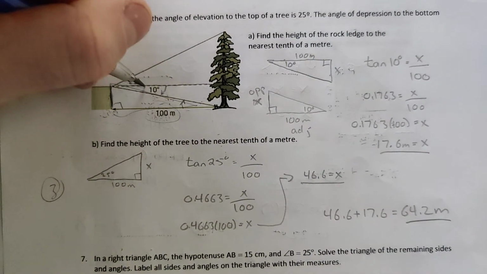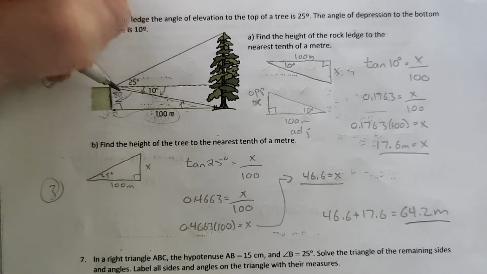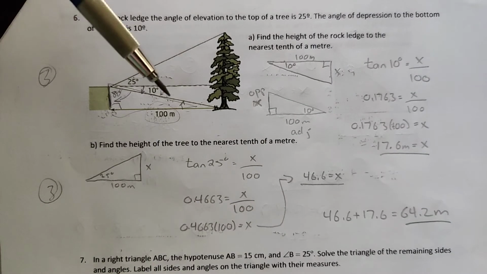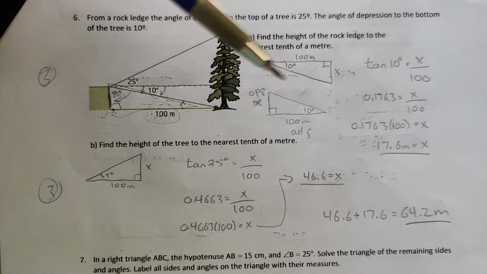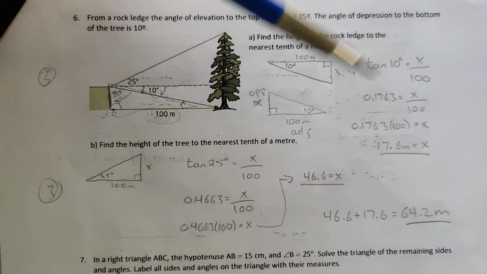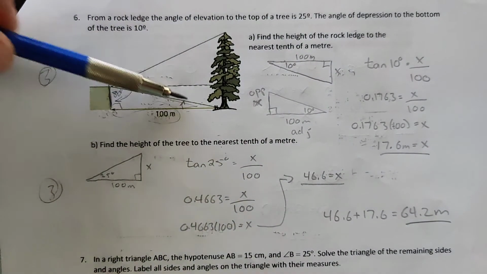Subsequently, if we know this is 10, some people may have recognized that this is 80 degrees and then you would have just had the tan ratio flipped around, and you had tan 80 equals 100 over x to solve that as well. But this would be the most effective method to do such.